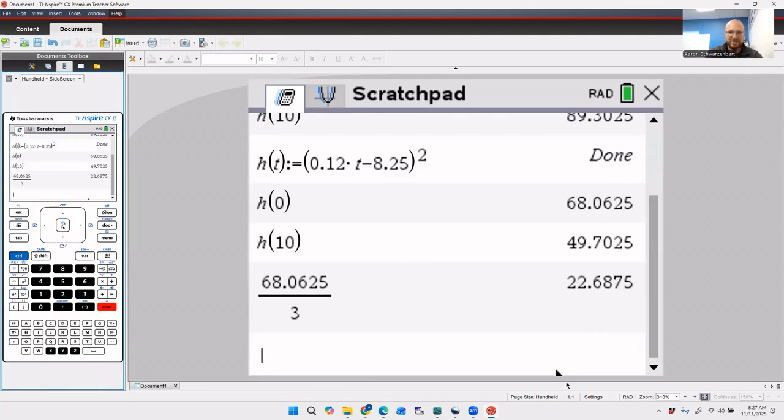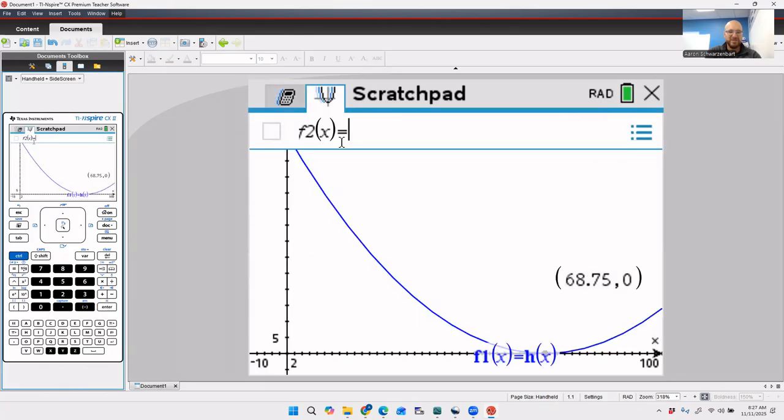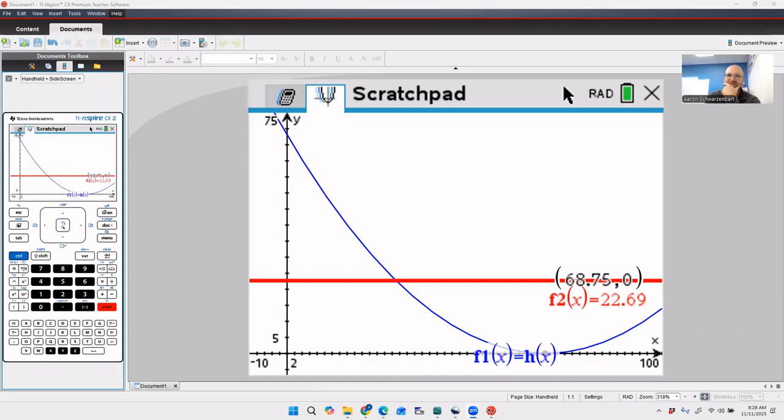I need to divide this by 3. 22.6875. So I'm going to graph that as my second one. Remember why we just took the initial volume and took a third of it? Yeah, I took the initial value, I divided it by 3. I'll find the intersection point.